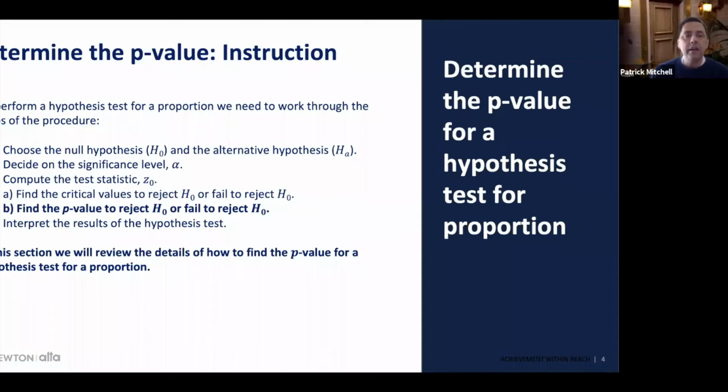And then you have two choices for what to do next. You can either find the critical values to either reject or fail to reject the null hypothesis, or what we'll be talking about in this section, use the p-value to reject the null hypothesis or fail to reject the null hypothesis. And then finally, we always want to interpret the results of the hypothesis test.